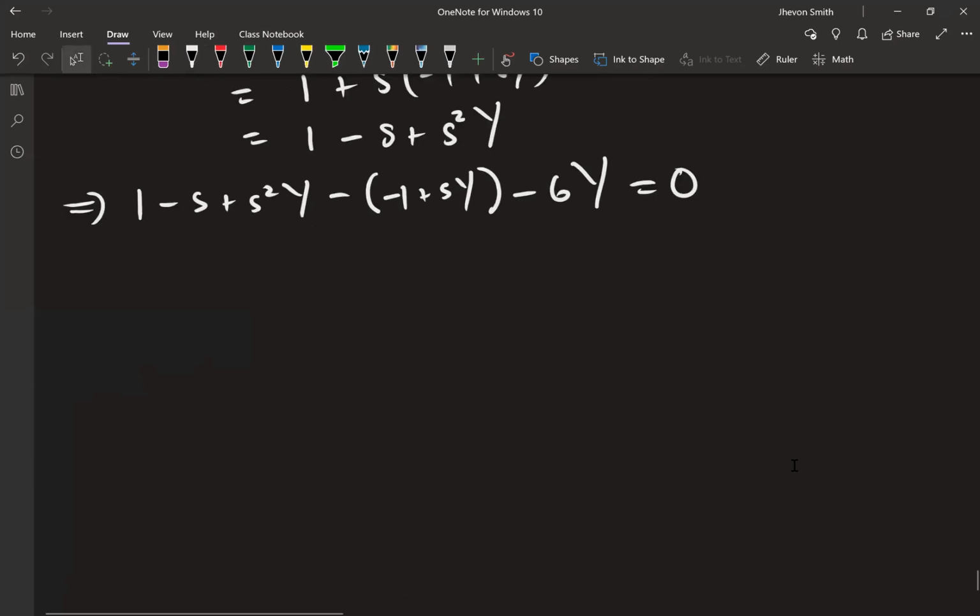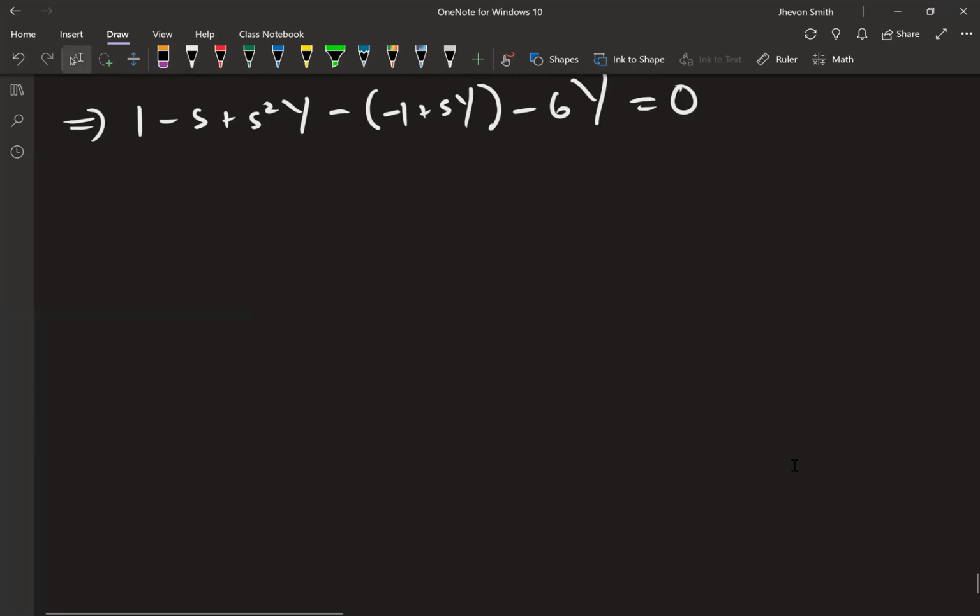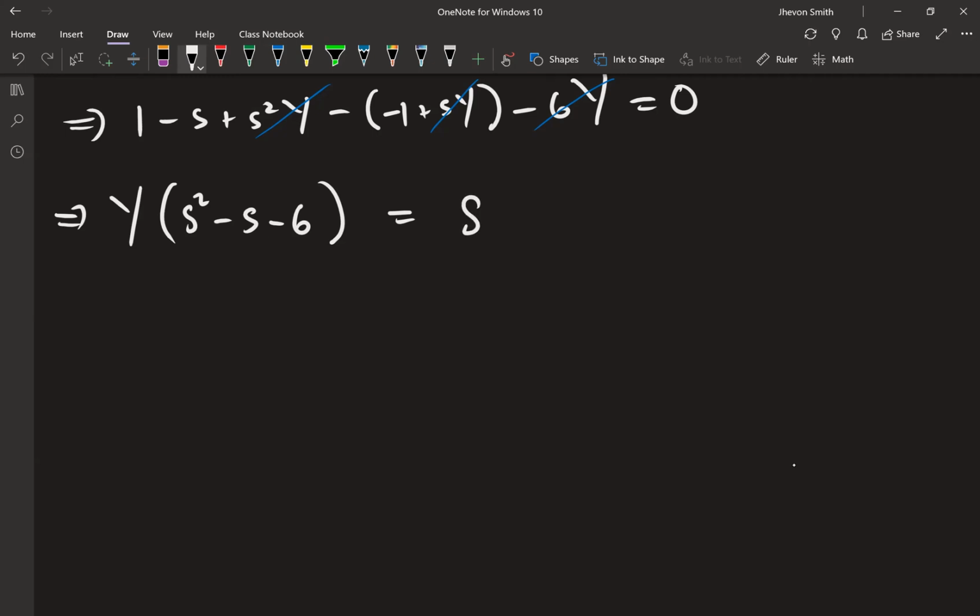So now you'll realize that's a polynomial equation. We can solve that for Y. In fact, if I factor out the common Y, I would have an s squared. That's this term. Minus s minus 6 equals, now I would have an s here, which when I move over becomes positive.